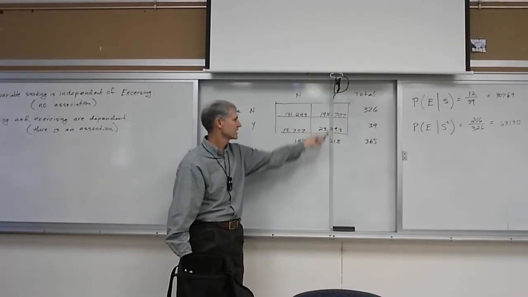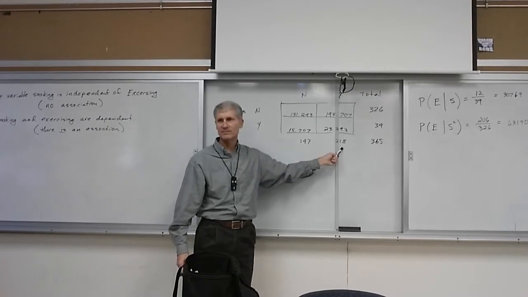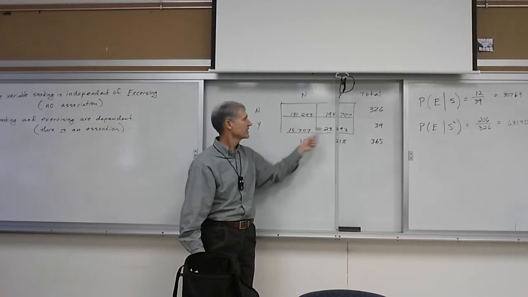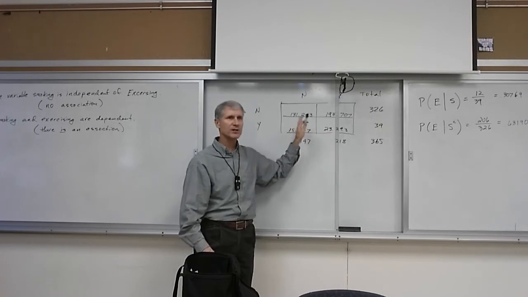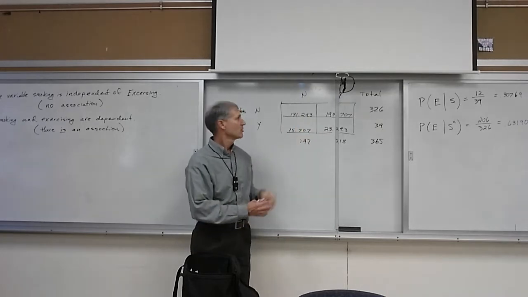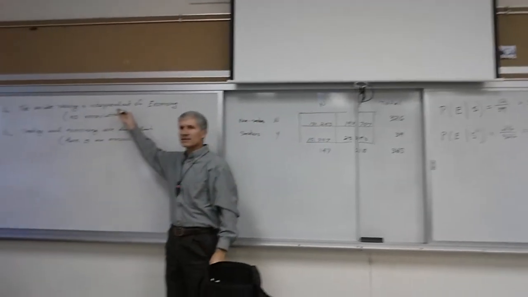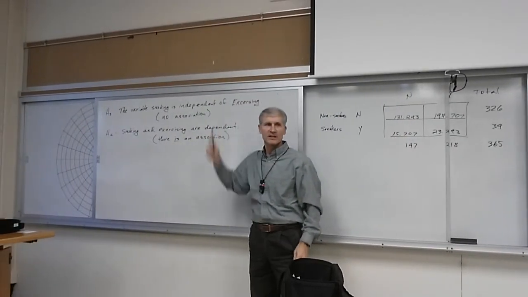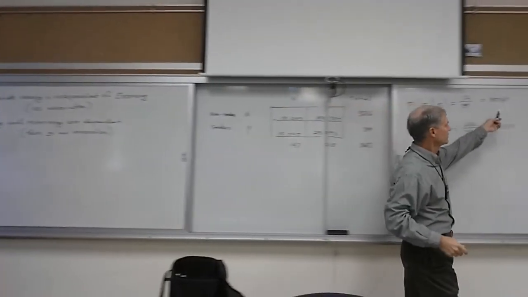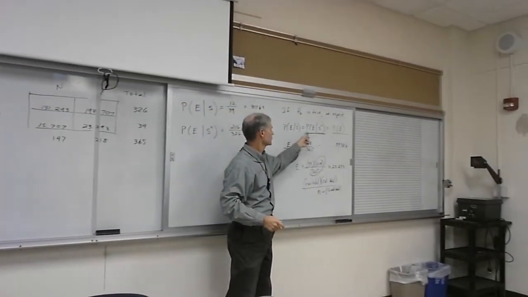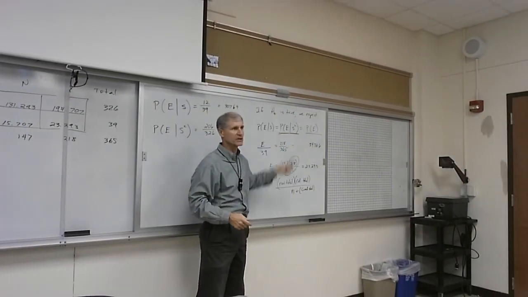Adding columns, it gives you 147, 218. So everything here adds exactly to what the observed table added to, but the numbers inside the table have been shifted around to make the null exactly true, so that those conditional probabilities are exactly equal to each other.